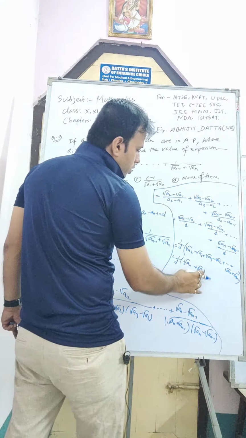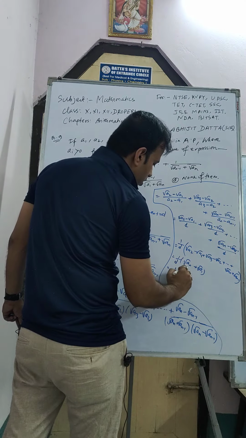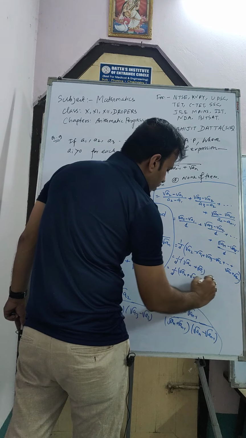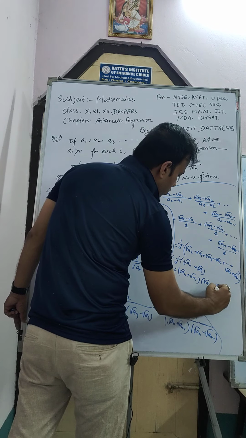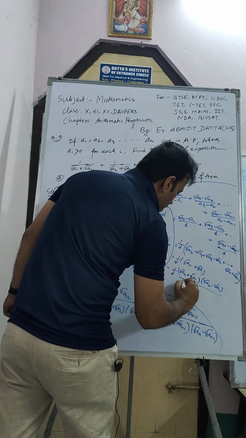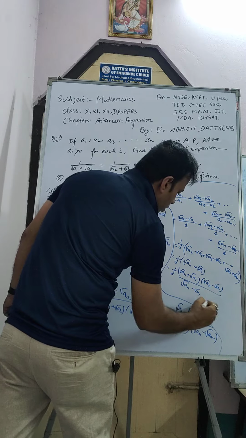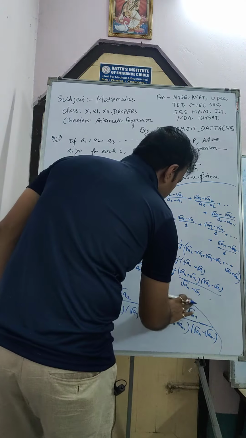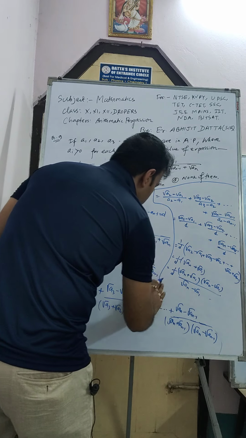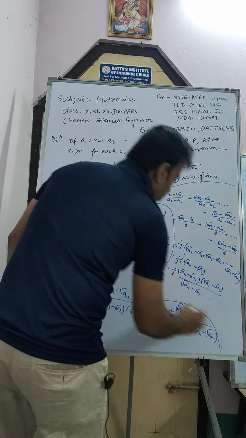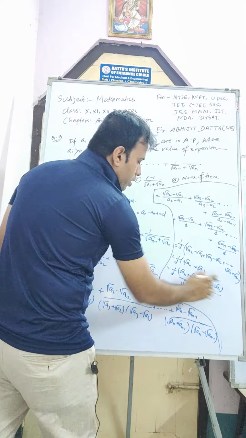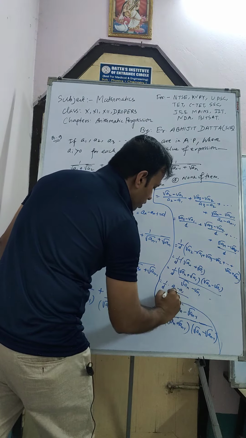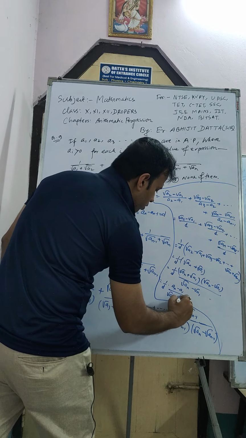Okay. Now rationalize here again. It's 1 by d. If I rationalize here, it will become root an plus root a1 multiplied by root an minus root a1, divided by an minus a1. So after simplification, it will be 1 by d times an minus a1 by root an plus root a1.